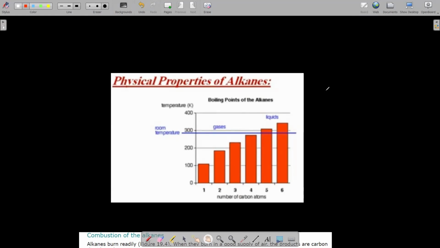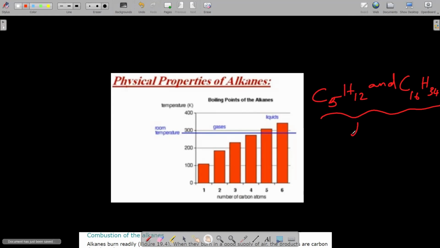The alkanes between carbon 5 and carbon 16 are all liquids.